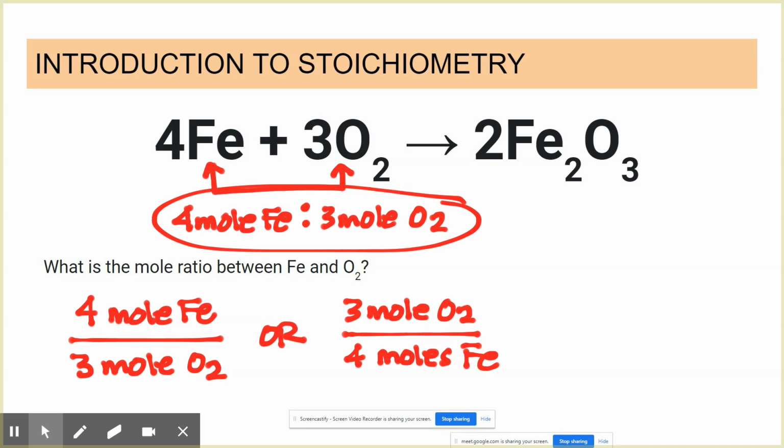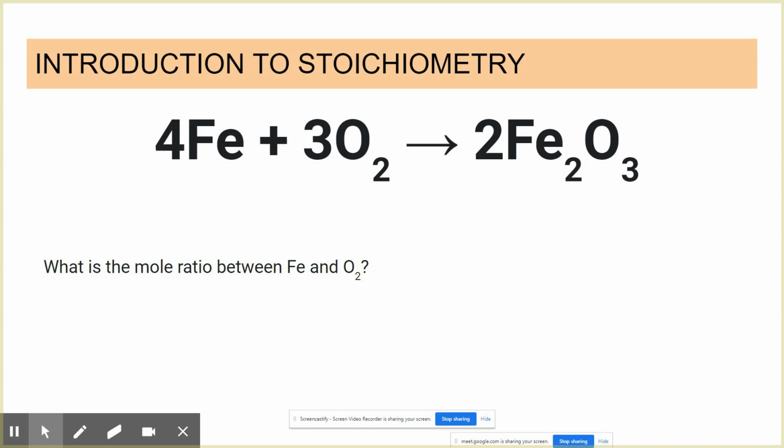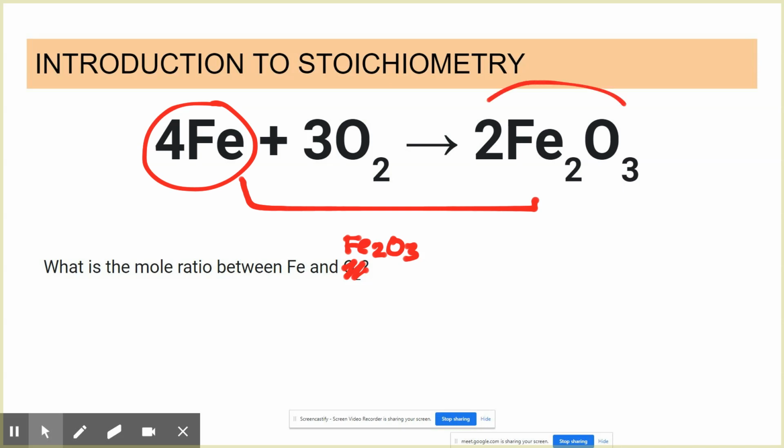Let's take, for example, a slightly different question. What is the mole ratio between Fe and Fe2O3? So this time we're looking at Fe and Fe2O3, these two right here. Look closely at their coefficients.